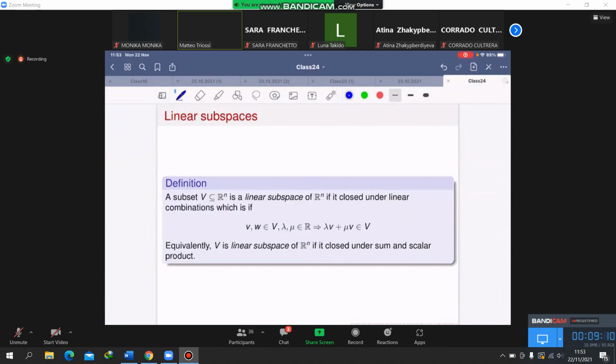Now the definition of a linear subspace. A linear subspace is nothing more than a subset of Rn closed under linear combination.